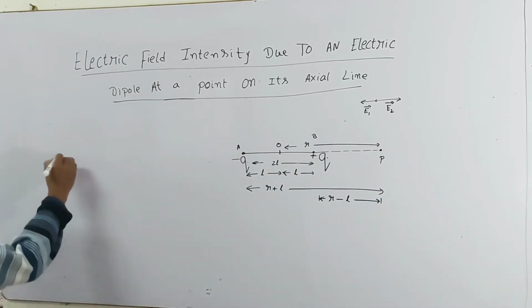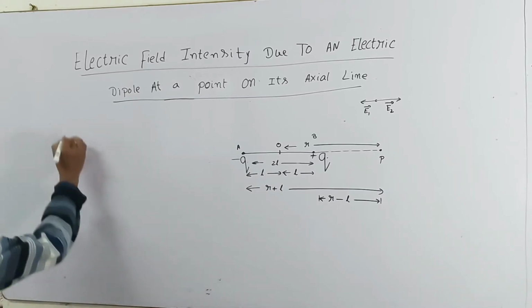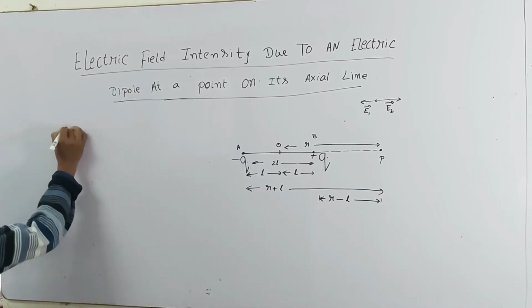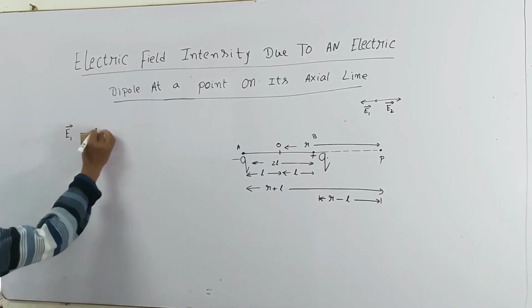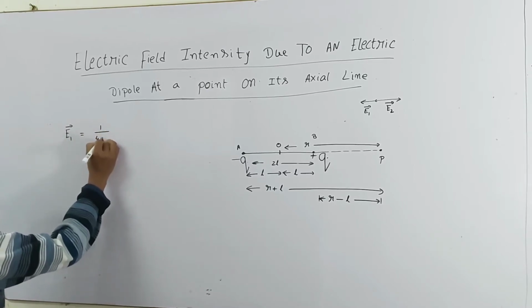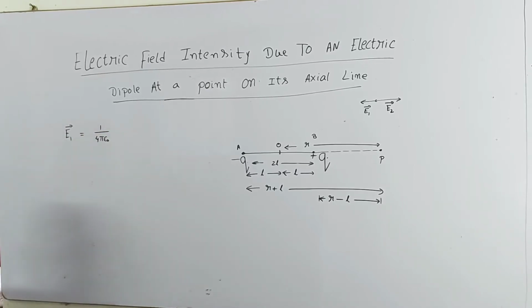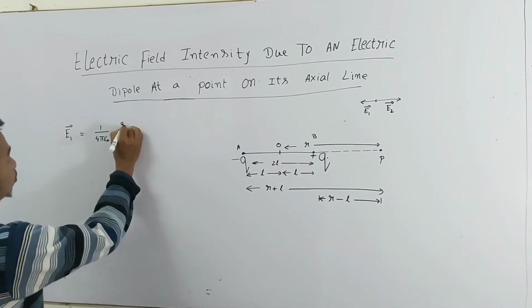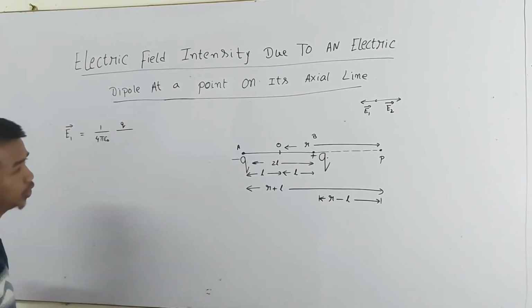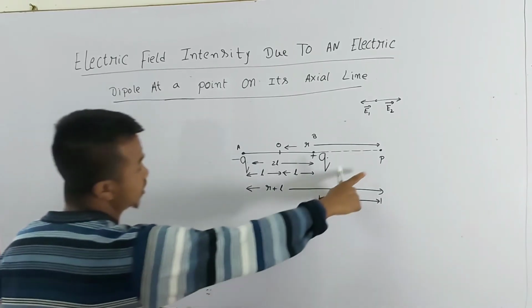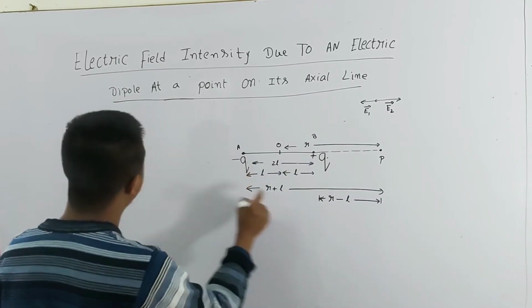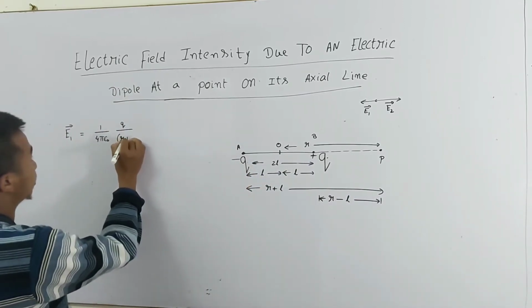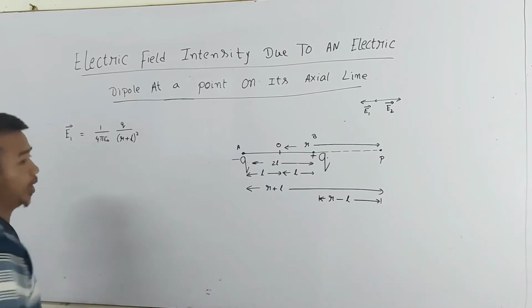So what is E1 now? E1 is 1 by 4 pi epsilon naught, Q divided by, the distance of this point P from A being R plus L, R plus L whole square.